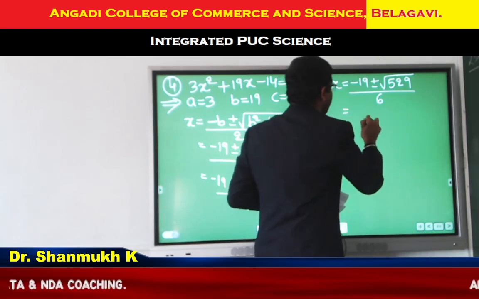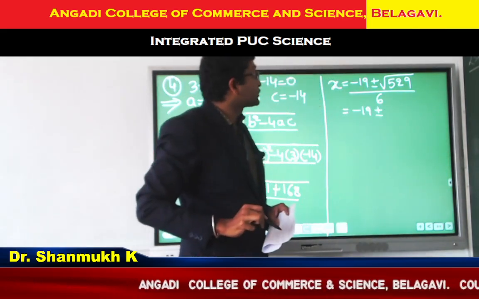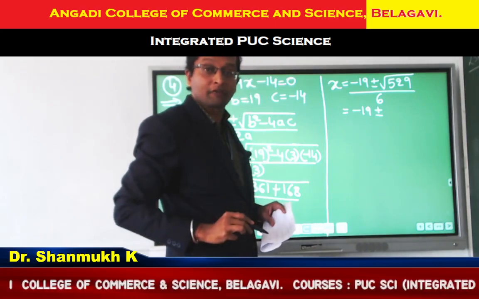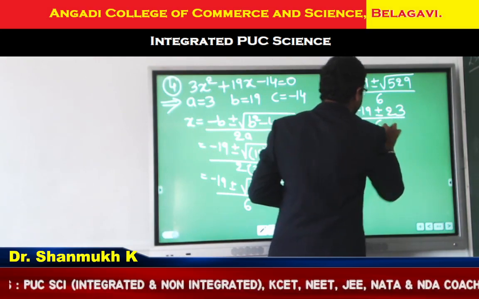So here it is minus 19 as it is, plus or minus under the square root of 529, which is a perfect square. We get 23 divided by 6.